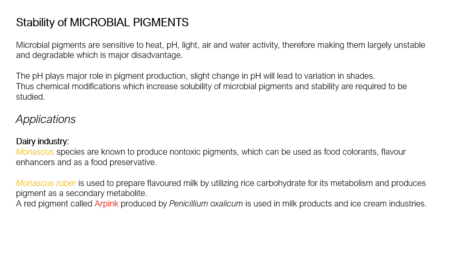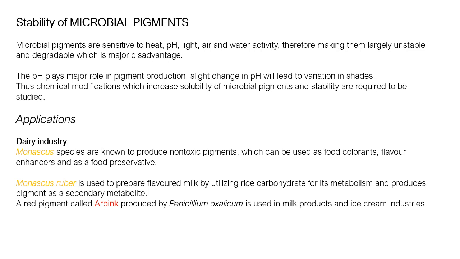This is why it is said that microbial pigments are not that stable, because they are sensitive to heat, temperature, pH, light, etc. Thus some molecular modifications which increase the solubility and stability of microbial pigments need to be studied.